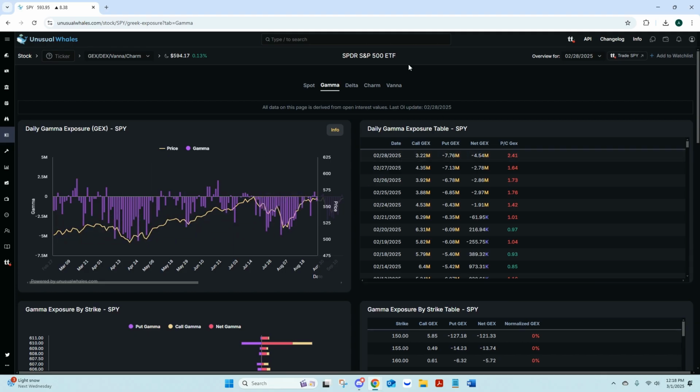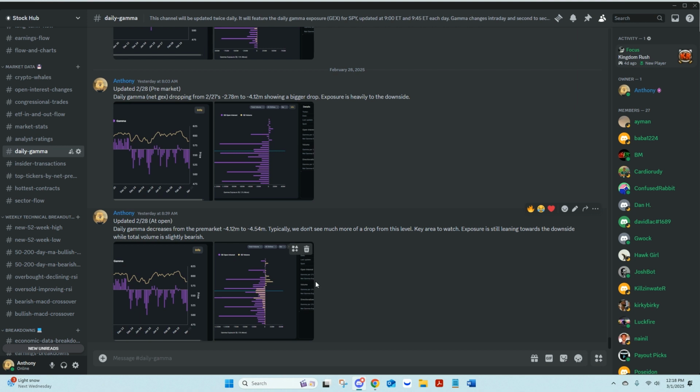So in the back of my head, I'm thinking, okay, daily gamma decreased again. Typically, we don't see much more of a drop from this level. Key area to watch. And again, we had some downside movement in the morning, and then we actually rallied into close. So that helps you anticipate.